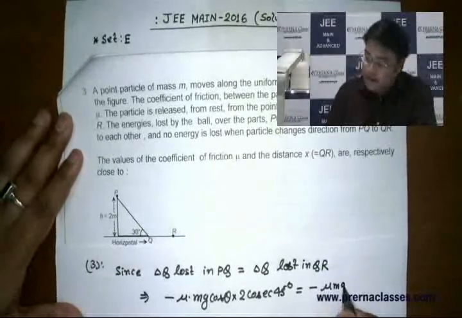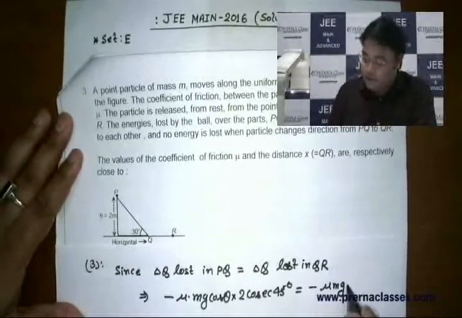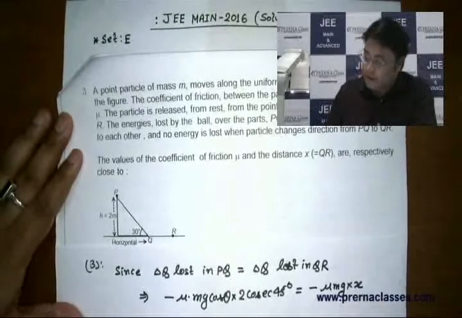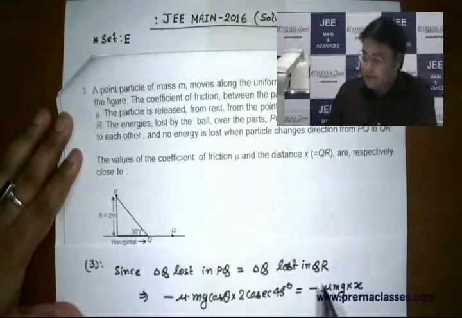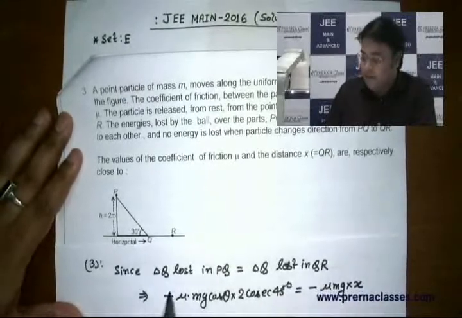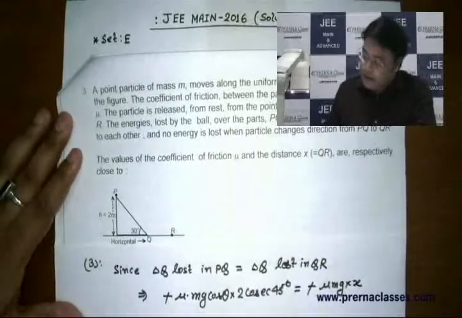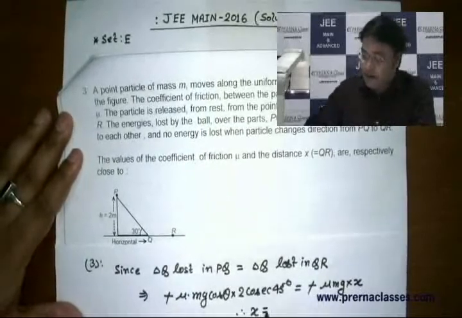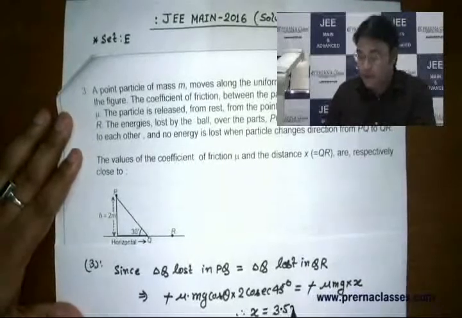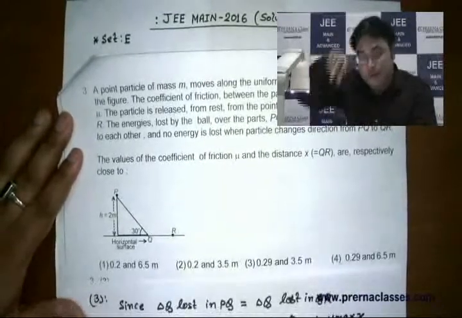Since I am using the loss term, you may put a positive sign. From here x comes to 3.5 meters. Clear? But in the given options, 3 is given in 2 and 3. So now you have to find mu.